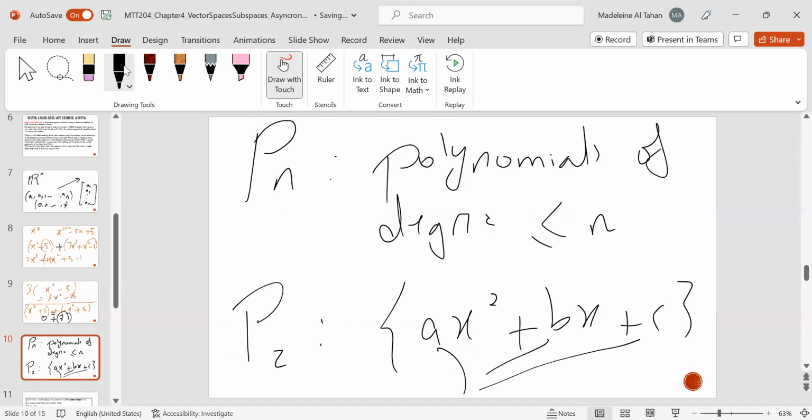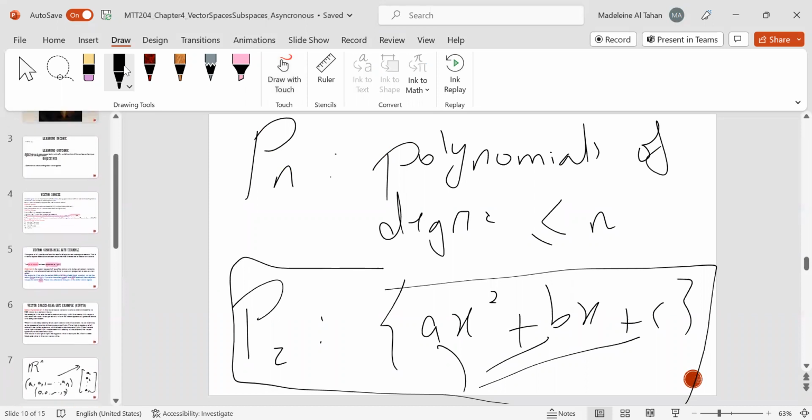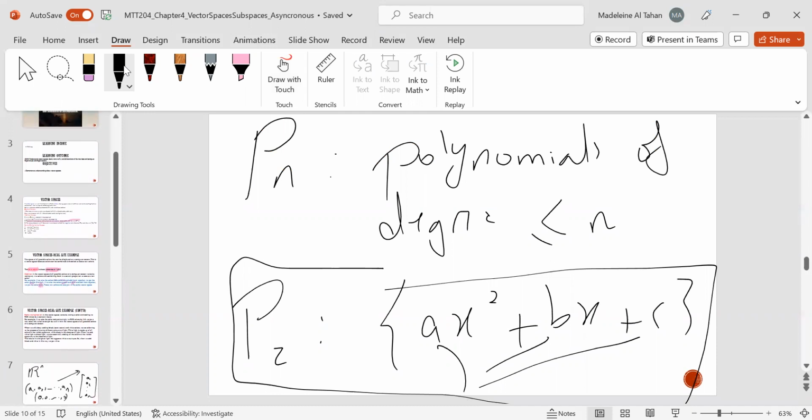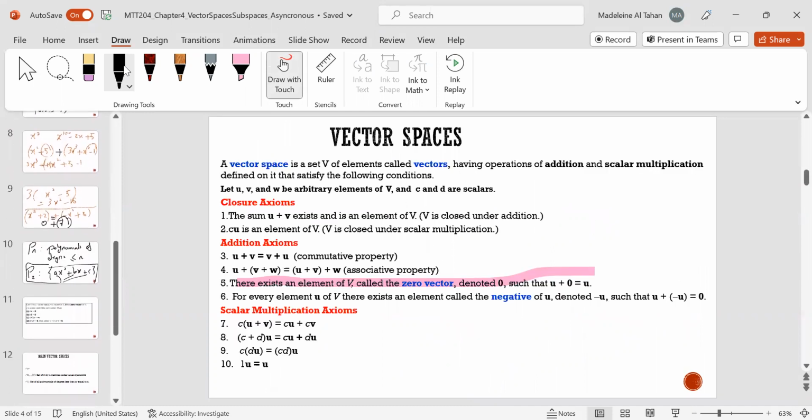So if we have x, it belongs to P2, although its degree is not 2, but it's less than or equal to 2. If we have 5, it's also an element in P2. In this case, this space of polynomials under addition and scalar multiplication is a vector space. Again, try to pause the video a little bit, go to the axioms and check if they are satisfied.